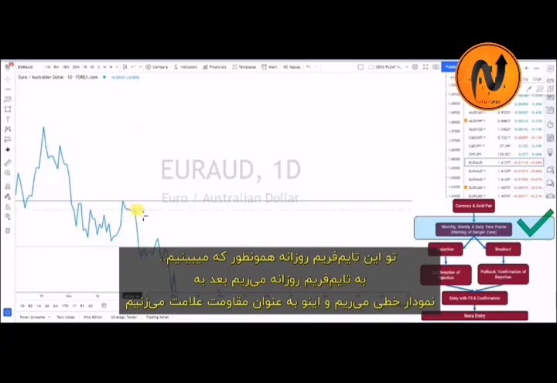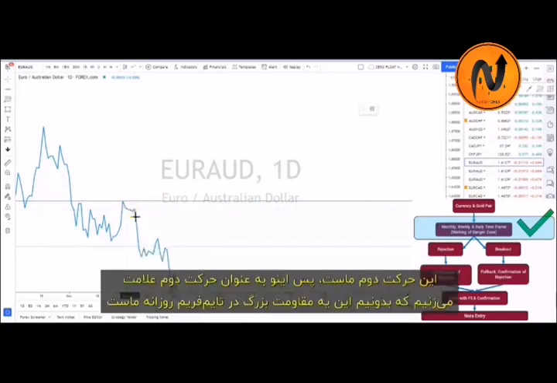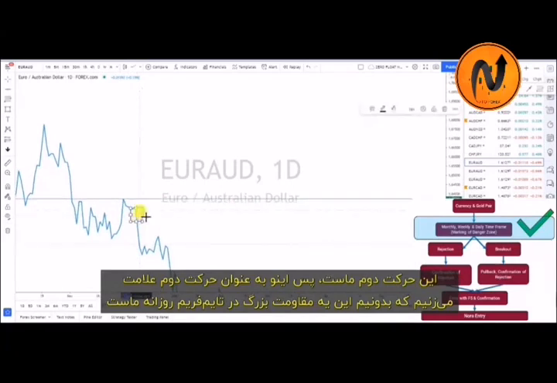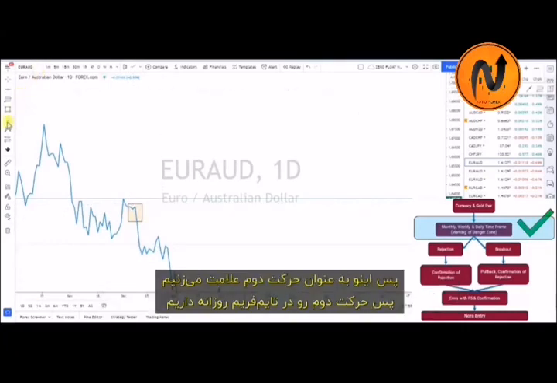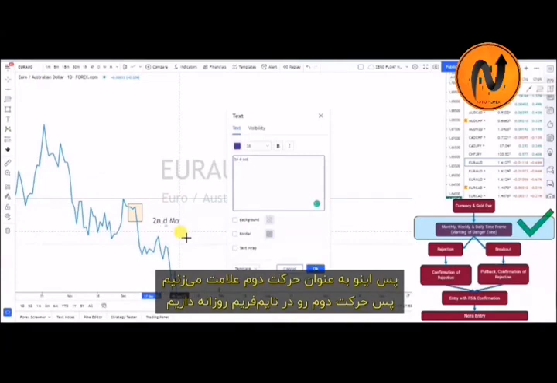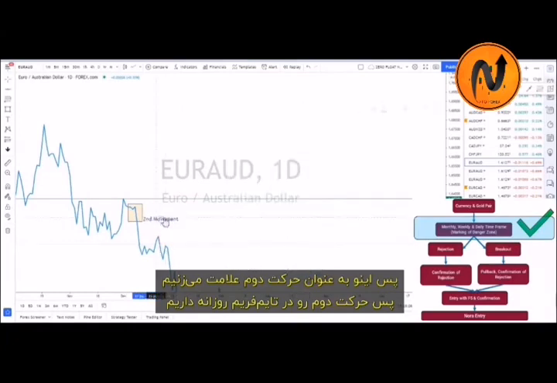As you can see here, this is our second movement. So I'm going to mark this as a second movement so that we know that this is a strong resistance on the daily time frame. We have the second movement on the daily time frame.